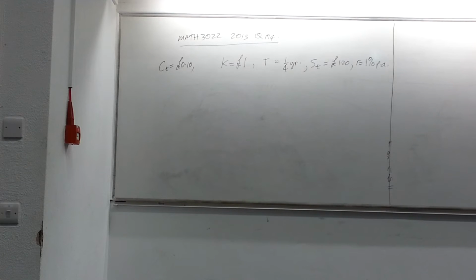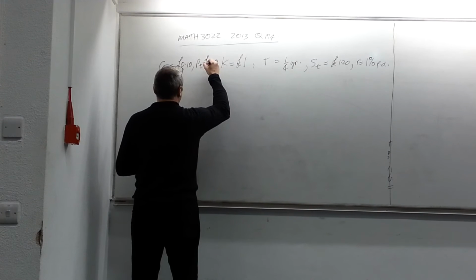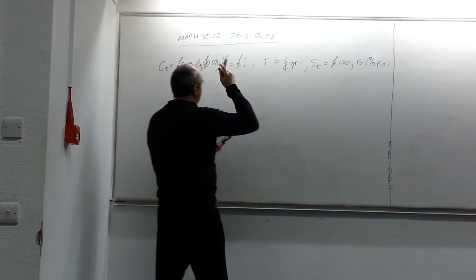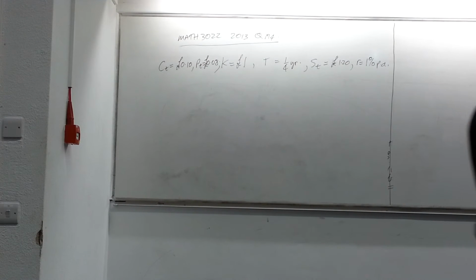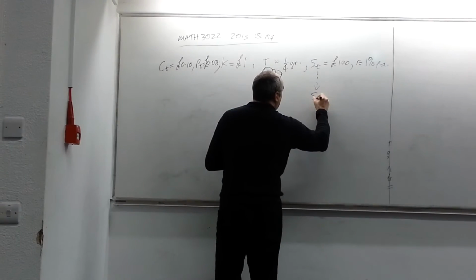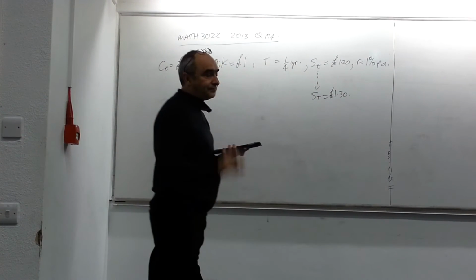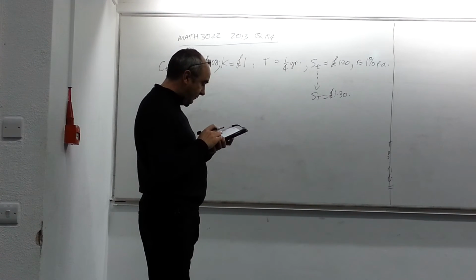Yeah, it says it in the next part of the question, it's 8 pence. Right. So it says, identify an arbitrage and calculate the profit per option that would be made if ST is £1.30. So ST is going to be £1.30. All right. Okay.